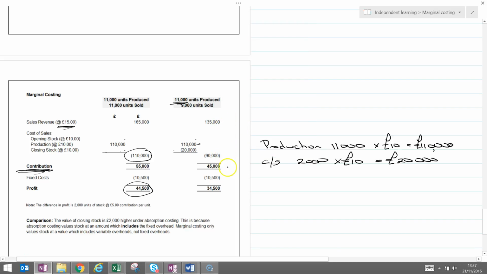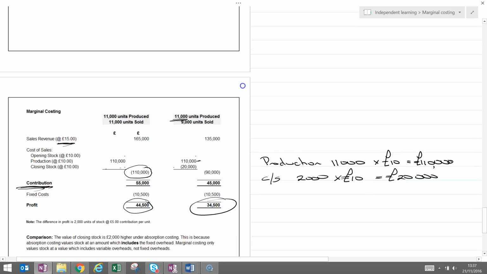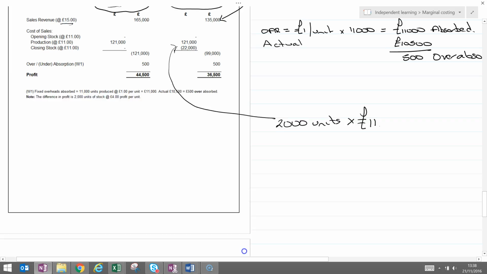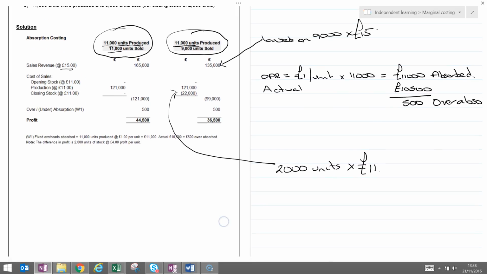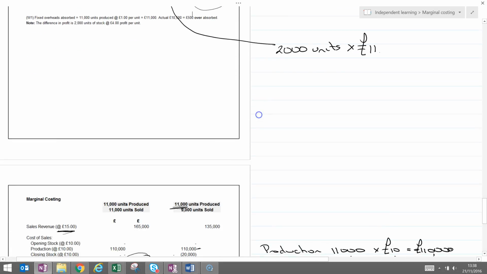Sales minus cost of sales gives us contribution. Contribution minus fixed costs gives us profit. So we have £34,500 profit. Scroll back up. Under absorption costing, we had 36,500 profit. So we've got different profit figures.